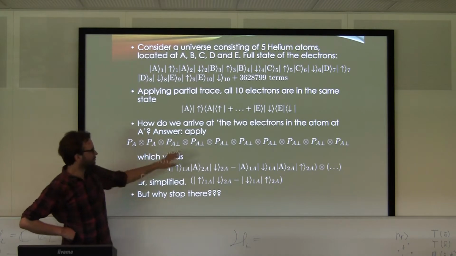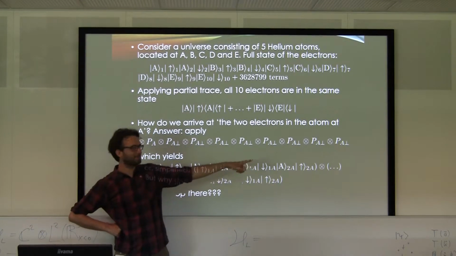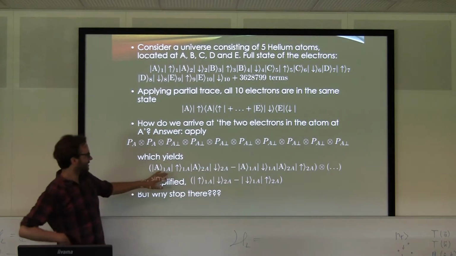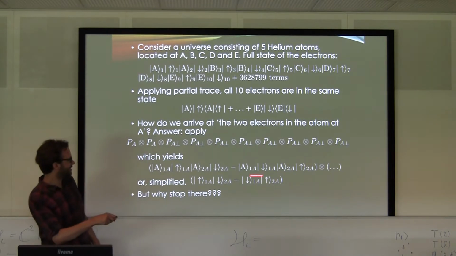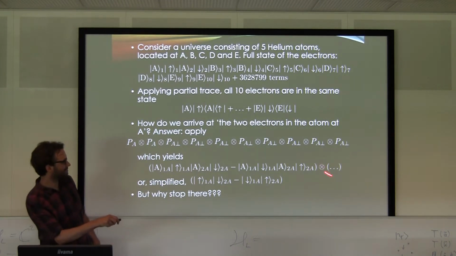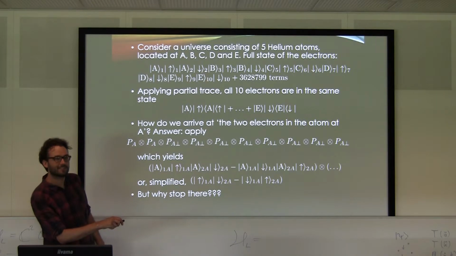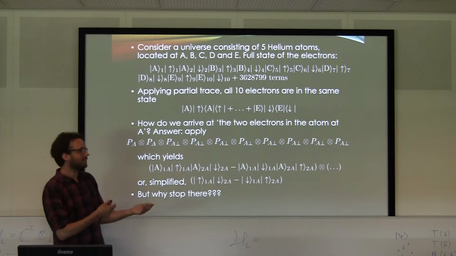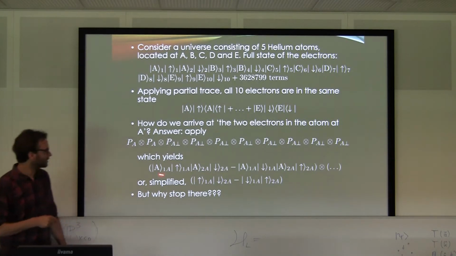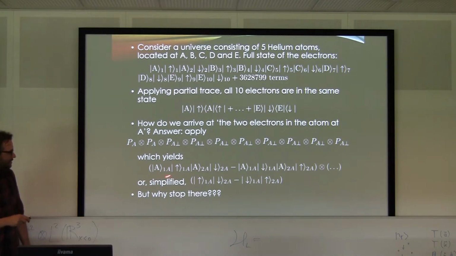So for example, if I put the A's at the end, then this would just interchange this factor with all the rest. But once we're at this stage, we know that we've projected onto A.